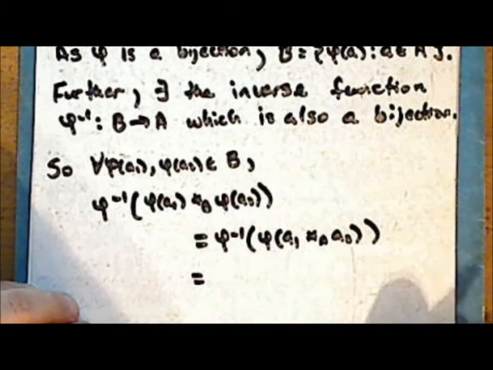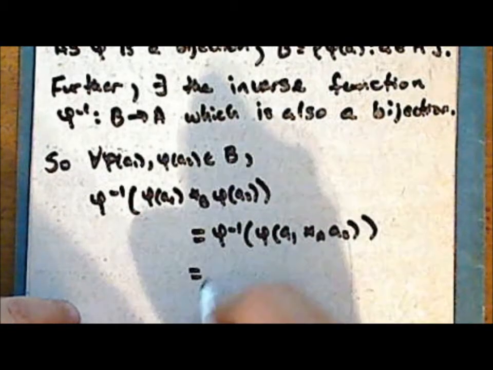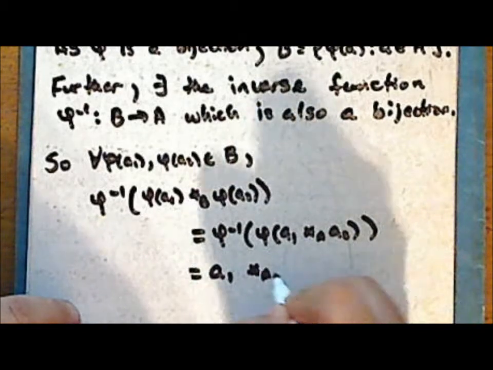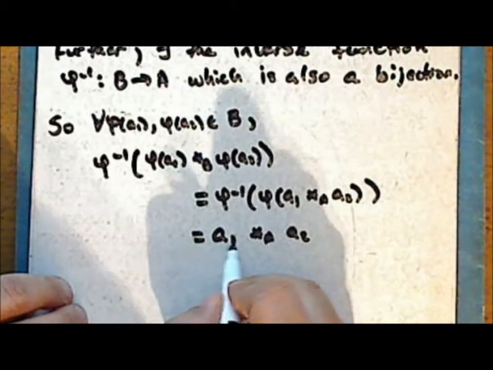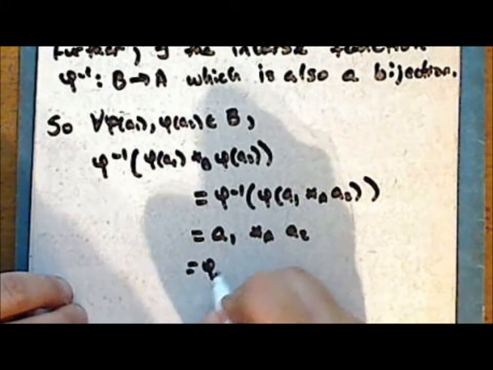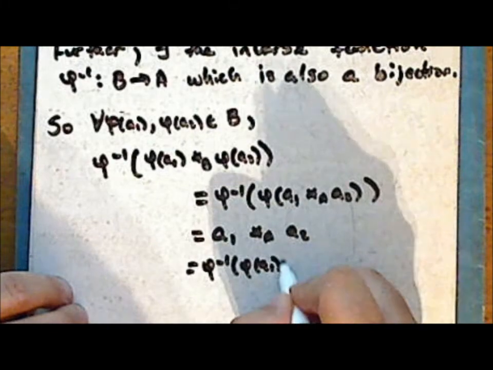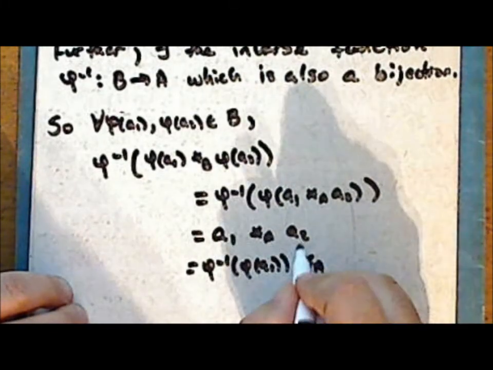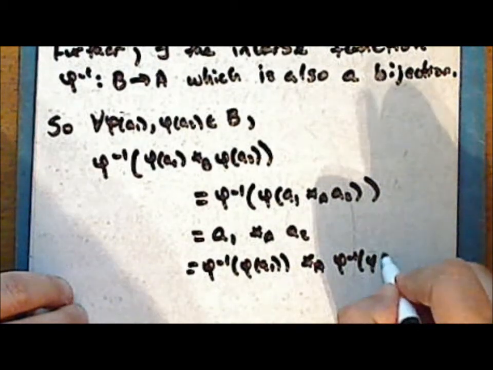The inverse image of a direct image under a bijection is this a sub 1 star sub a sub 2, where the element a sub 1 is the inverse image of the direct image of a sub 1, and the element a sub 2 is the inverse image of the direct image of a sub 2.